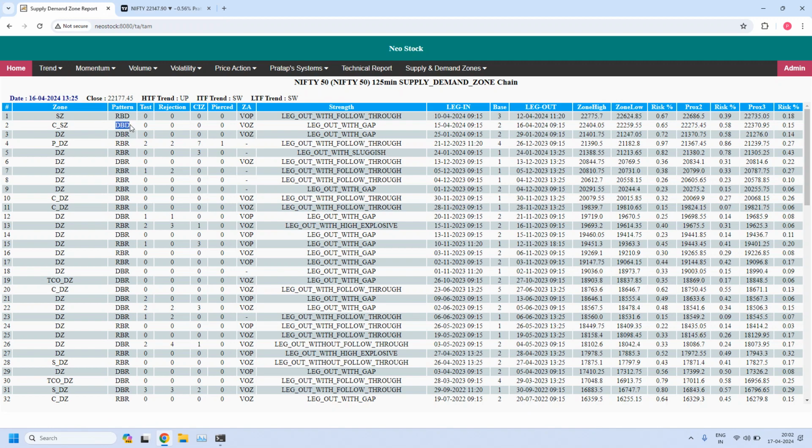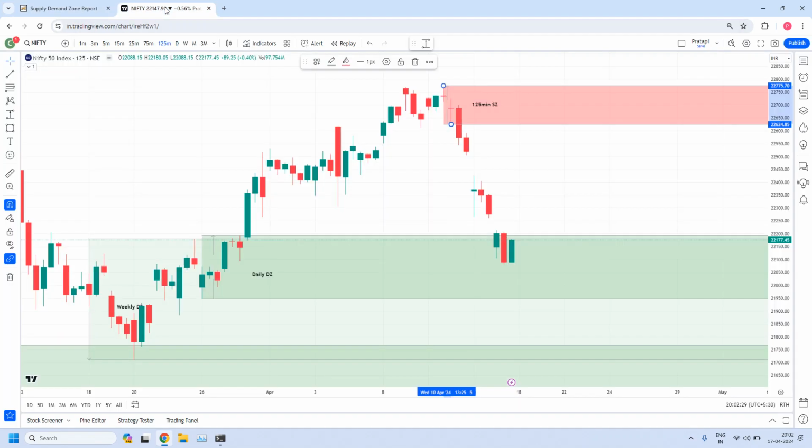See, drop, base, drop. Let me check the date. It is 15-4, 9:15, 2 base candles. Okay, this is a drop candle.